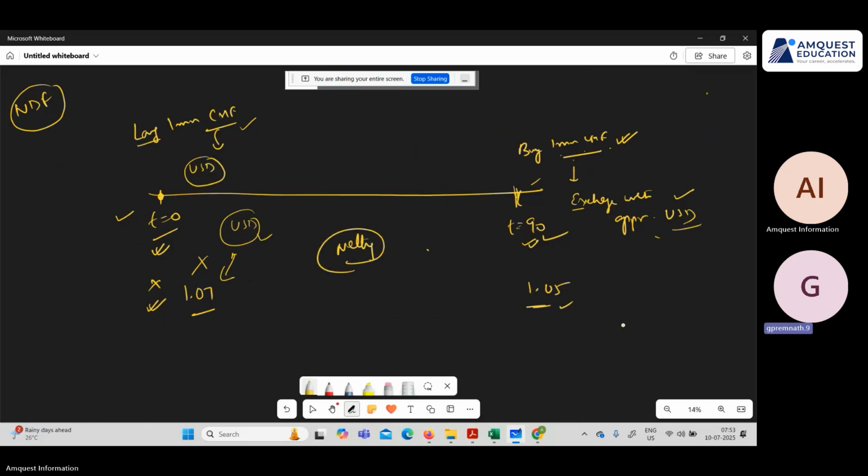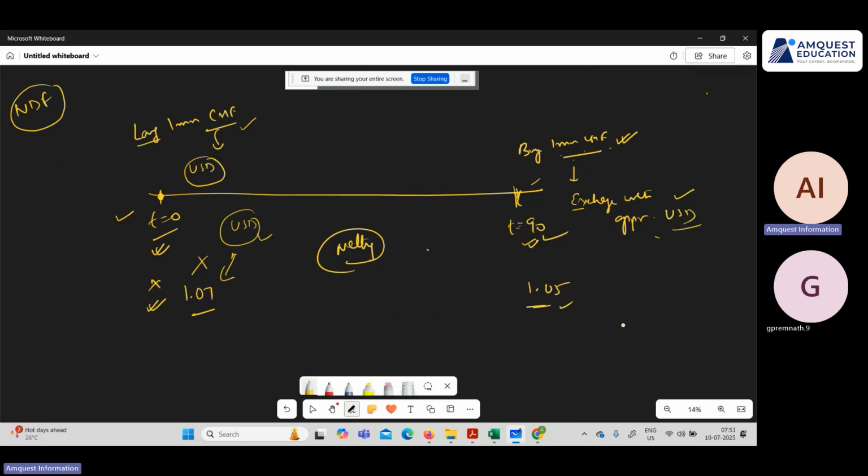Okay, so I get it, but it's used essentially when the other currency is not liquid enough. Not liquid enough, or there could be issues with the emerging markets.